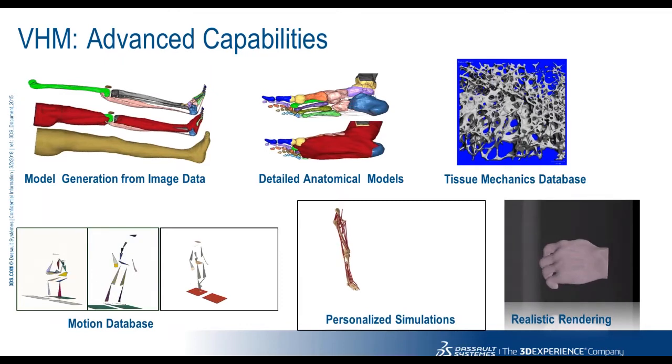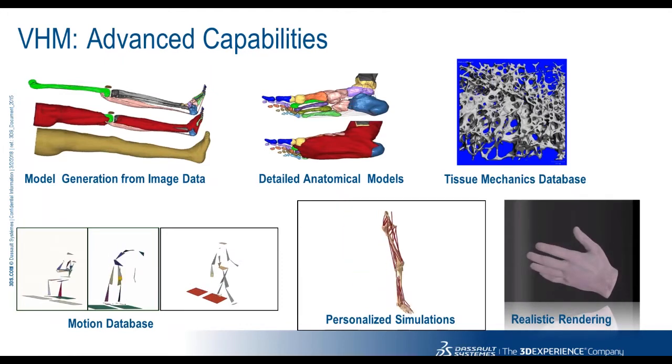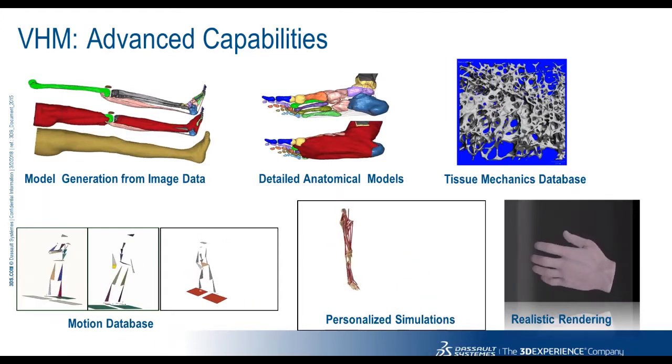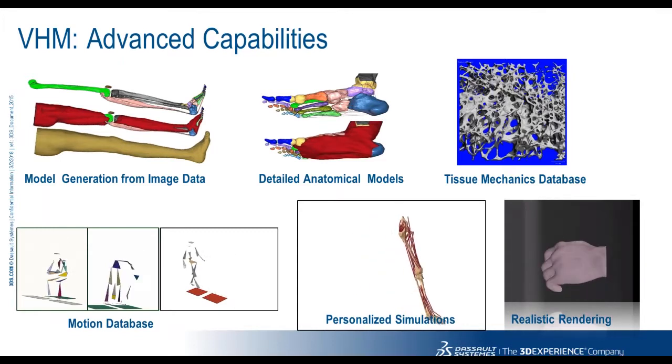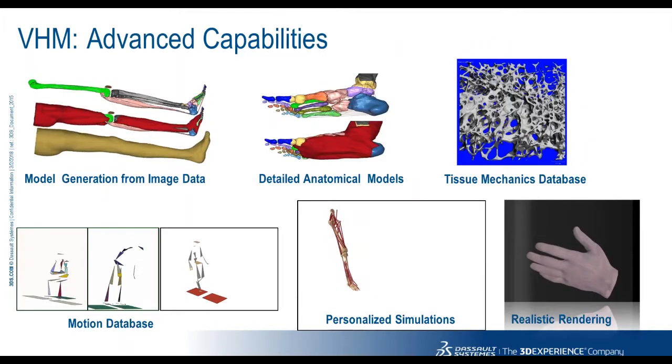Now, while having realistic human models is of course important, our customers also need simplified and easily deployable workflow solutions to complete the task at hand. And this is an area where we have spent considerable effort, and we can now offer tools and techniques to help with model generation from image data and the incorporation of motion capture data into the simulation.